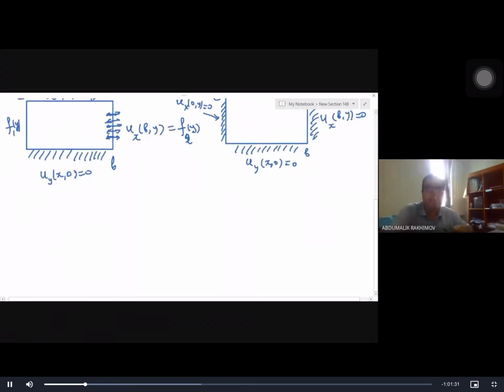Let's solve the following problem. Let's start the solution with the following problem.